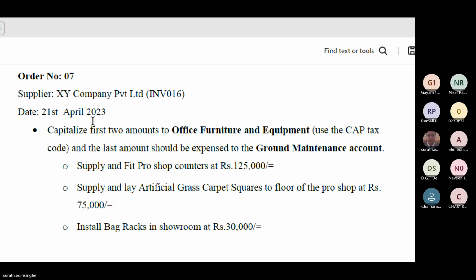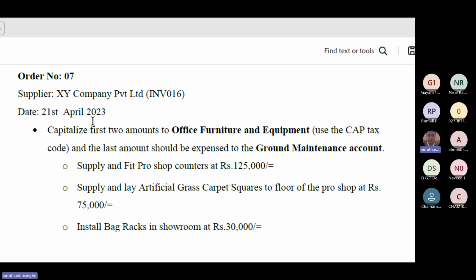Right. Then the last transaction: inventory adjustment. How to record the transaction?